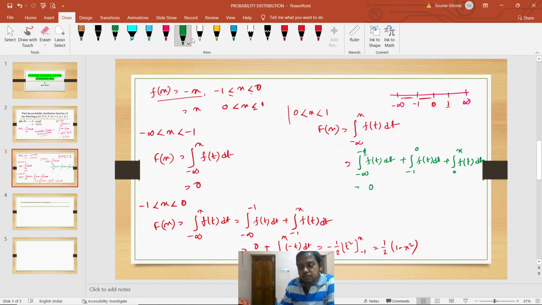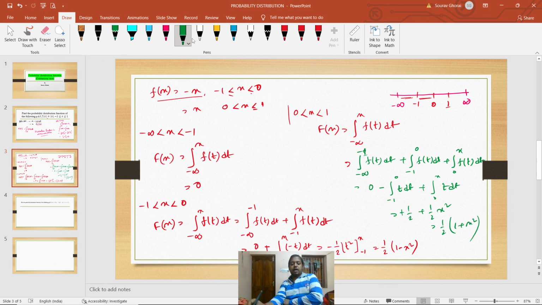Here this is 0, plus the integral from -1 to 0 of minus t dt, and plus the integral from 0 to x of t dt. If we simplify, we get minus half, this is plus half, plus half x square, that is half of 1 plus x square.